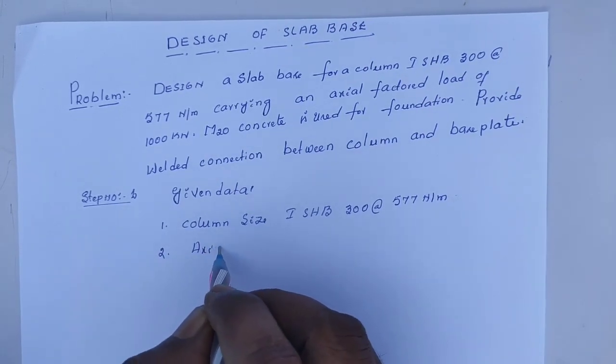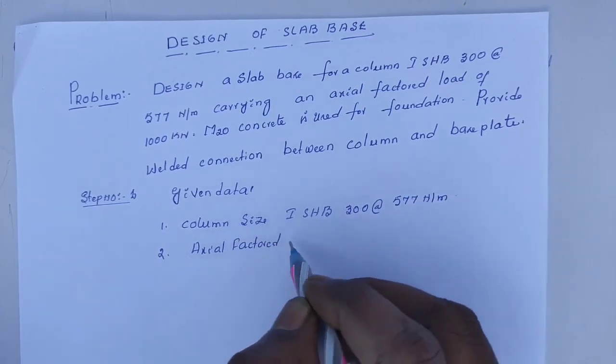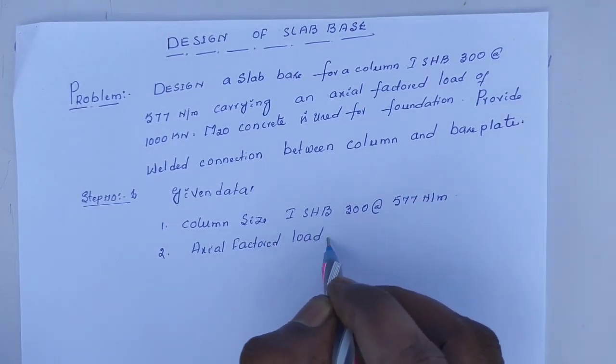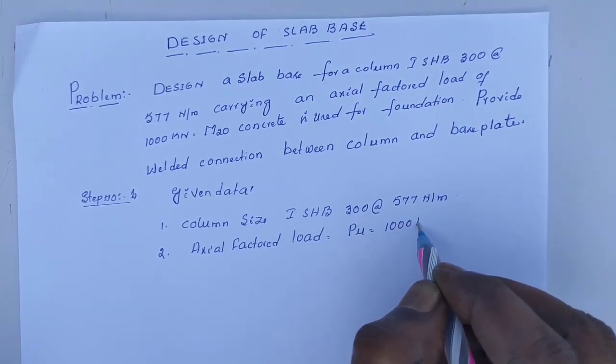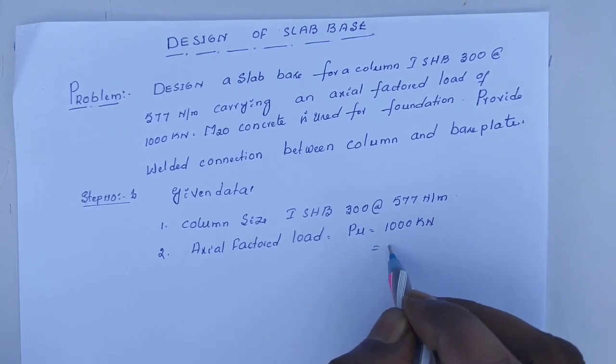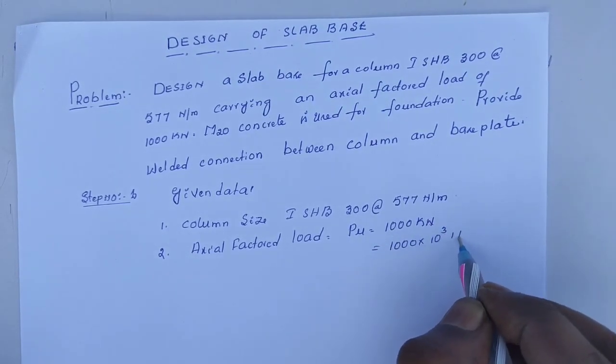Axial factored load PU is equal to 1000 kilonewtons, which is converted to 1000 multiplied by 10³ Newton.